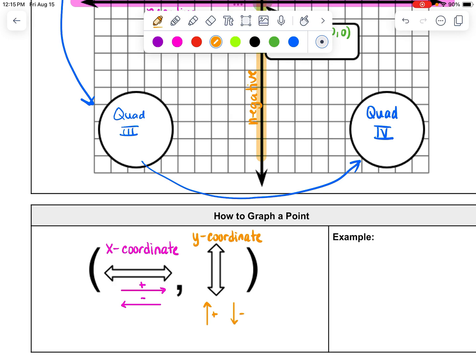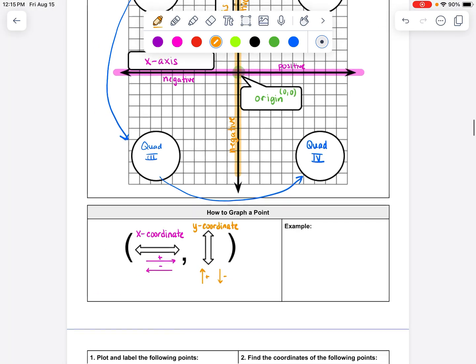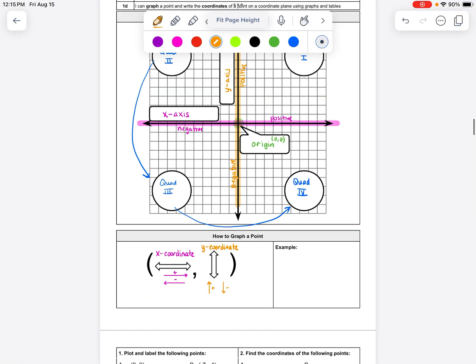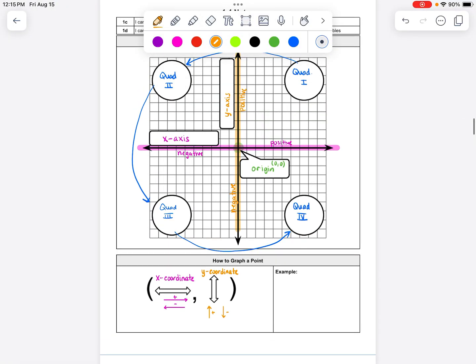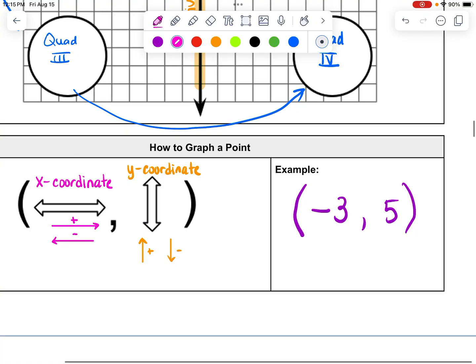the number is negative. For example, we're going to practice graphing 1 point on this graph paper and then a lot of points on the next one. If I asked you to graph the point, what color should I make it? Purple? If I asked you to graph the point -3, 5, the first thing you're going to do is look at the first number.